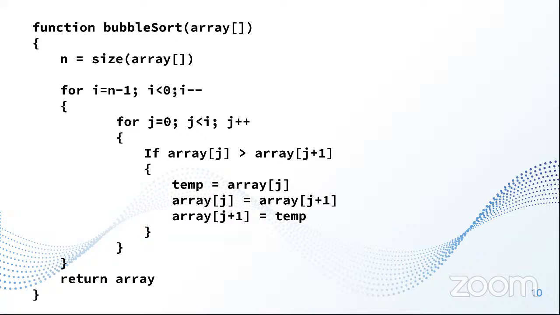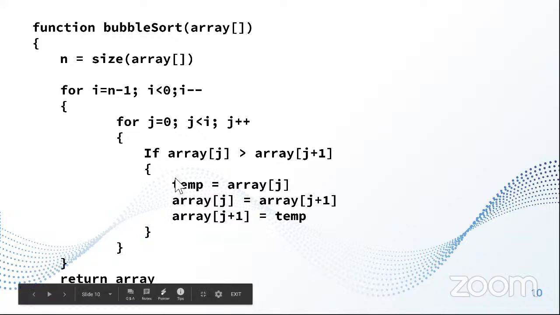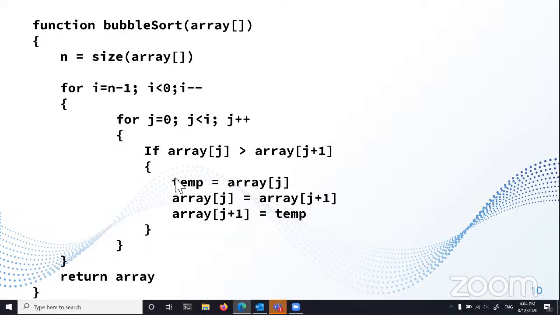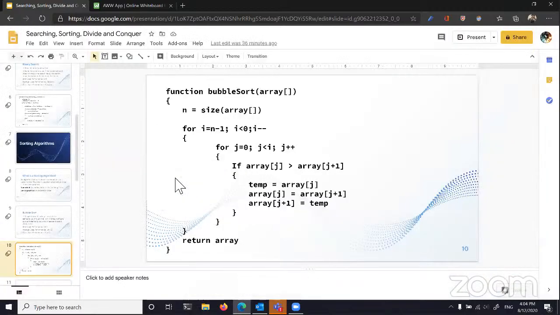Of course, when the previous element is larger than the current element, you swap. This is not the Python way of swapping elements, but the standard way of what you would do in Java or C++. So you create a temporary variable and you swap them.